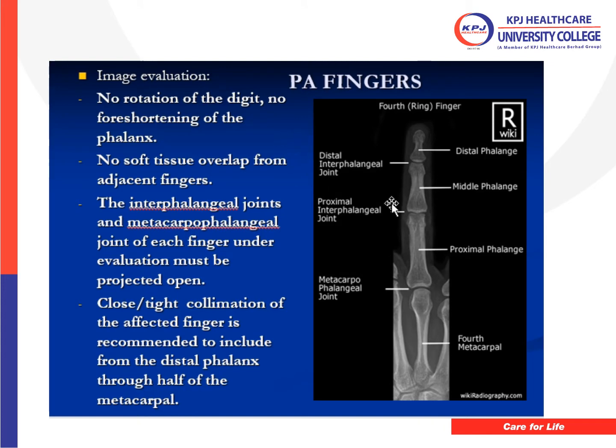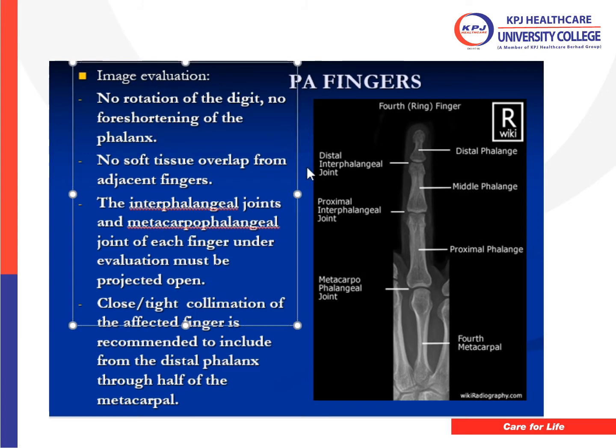So now you can see they include at least a bit of the other fingers, so that the radiologist when reporting knows that it is confirmed to be the middle finger. For example here, this one is the fourth finger. It is easier for you or for the radiologist for reporting purposes.